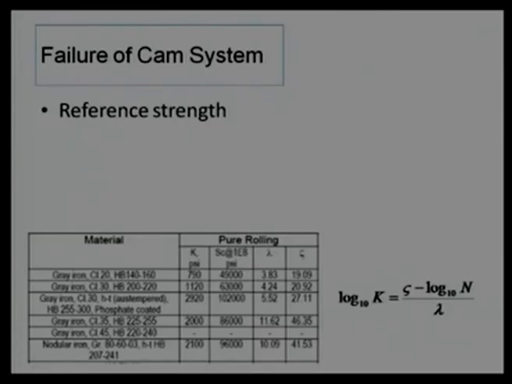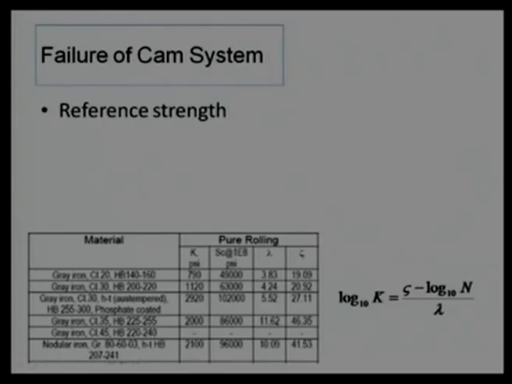or lesser than that. Similarly, there are two other constants, lambda and zeta. How these three parameters are connected is something like zeta minus lambda times log 10 N, where N is the number of cycles, which can be given for the 10⁸ cycle, 10⁶ cycle, and so on. So, there is a curve fit relation given to us.